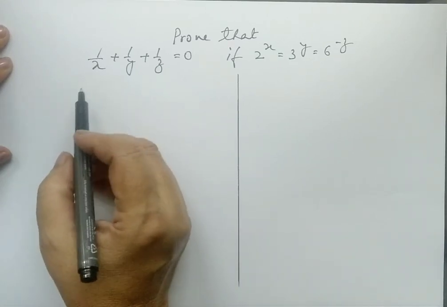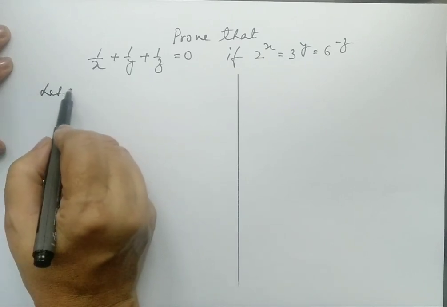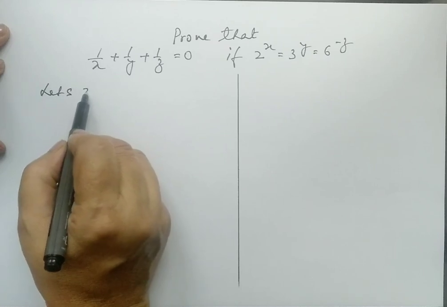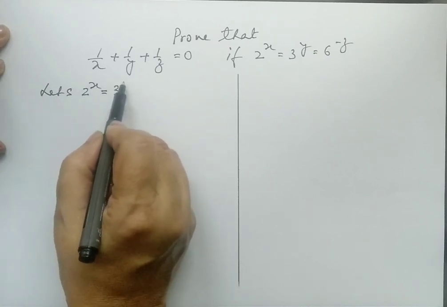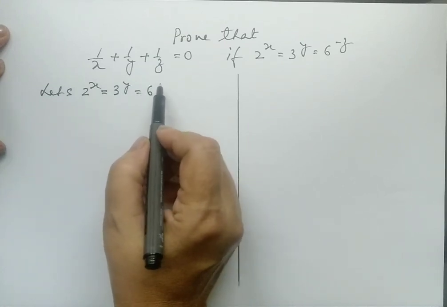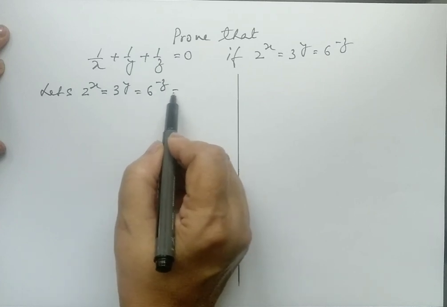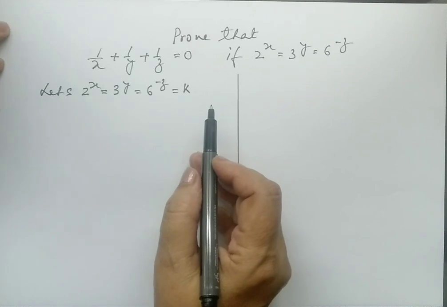Let's have 2 to the power x equals 3 to the power y equals 6 to the power minus z equals k. All of them will be equal to k.